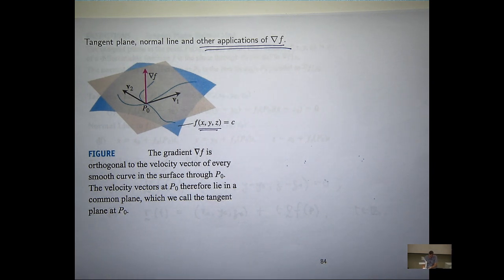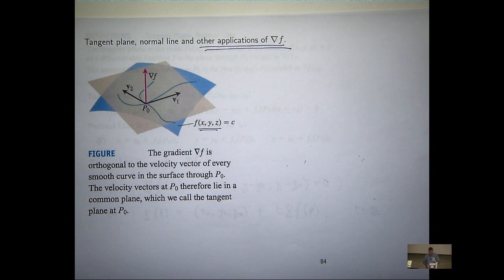That's the blue set of points. If f depends on 3 variables, then the gradient, grad f, gives you a vector that's normal to that blue surface in that picture. This is a natural generalization. You know how before I said for functions of 2 variables, grad f is normal to the level curves? Well, this is just the same idea, beefed up a bit, where f depends on 3 things, not 2.